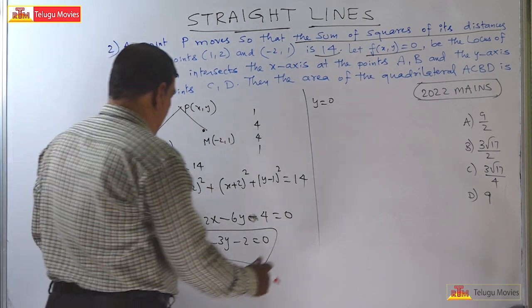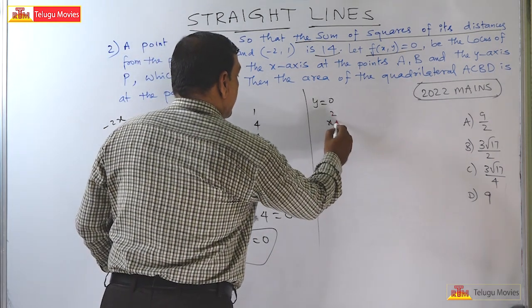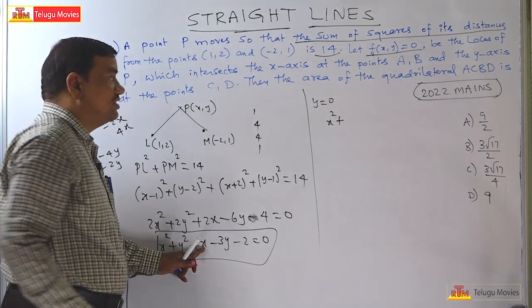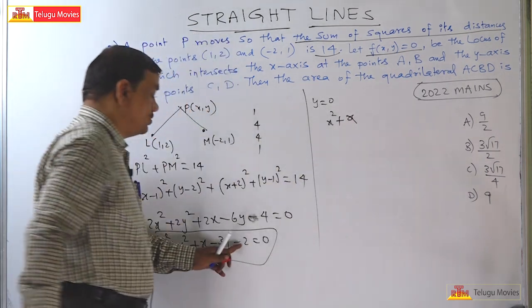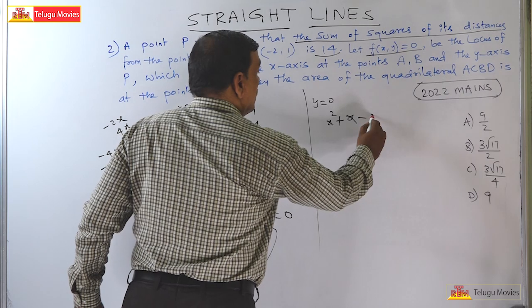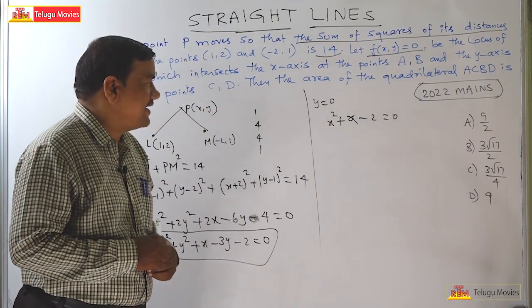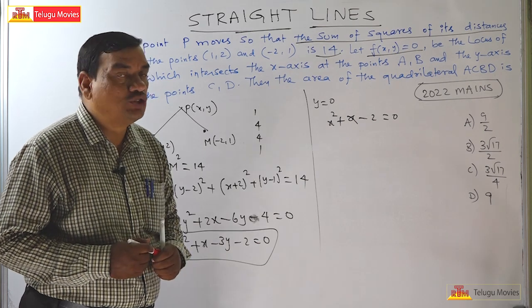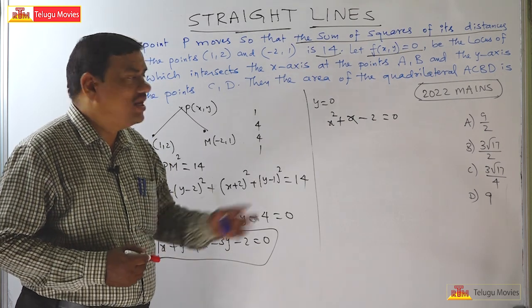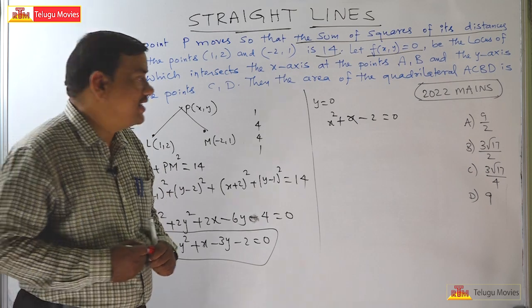See what happens here. If you put y is equal to 0, we get x square plus x minus 2 is equal to 0. Let us solve this equation. Clearly we can factorize this quadratic equation.